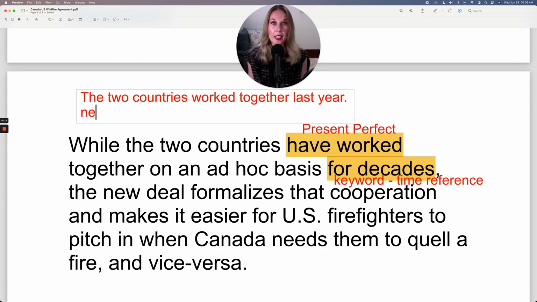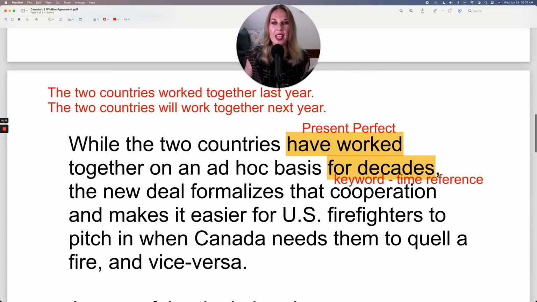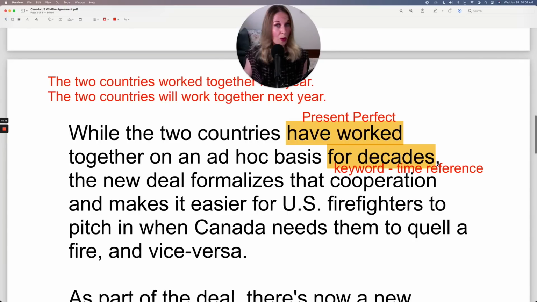Or if my keyword was next year, what would you say now? The two countries will work together next year. So always look at your time reference to determine your verb tense and ask yourself if you have the correct verb tense. Let's continue. First, before we continue, let's take a look at ad hoc basis.